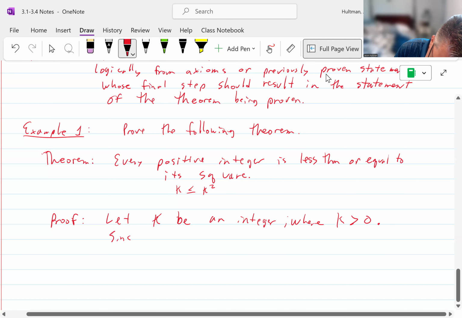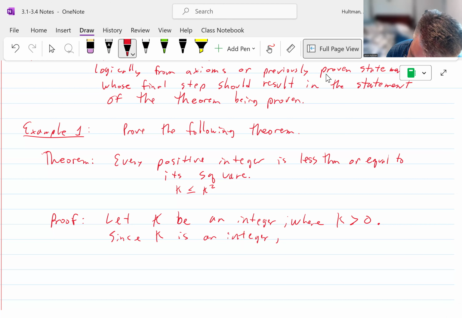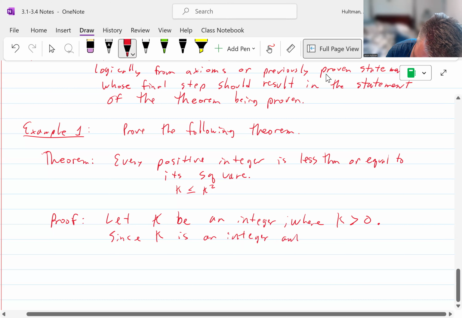Oh, sorry, k, I'm sorry. Since k is an integer and k is greater than 0, then we could say k is greater than or equal to 1, right?